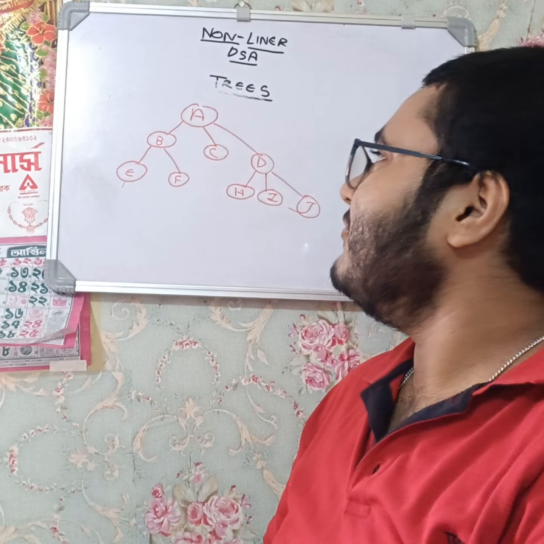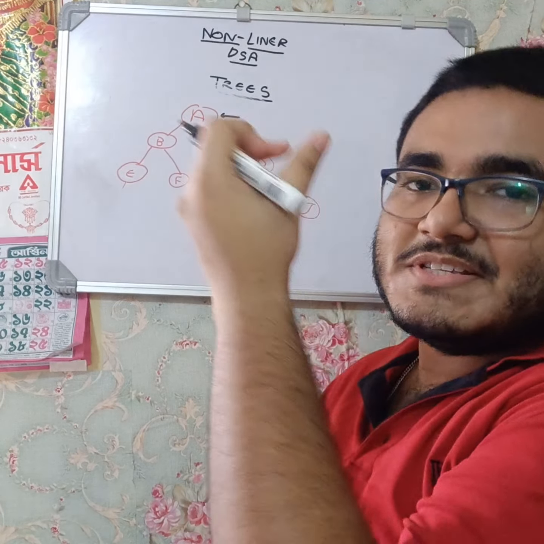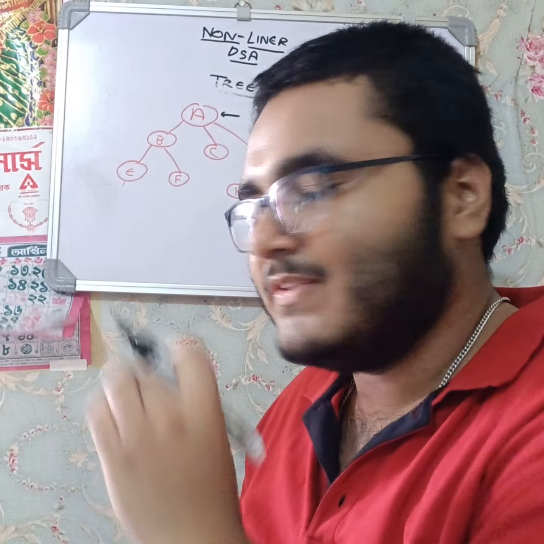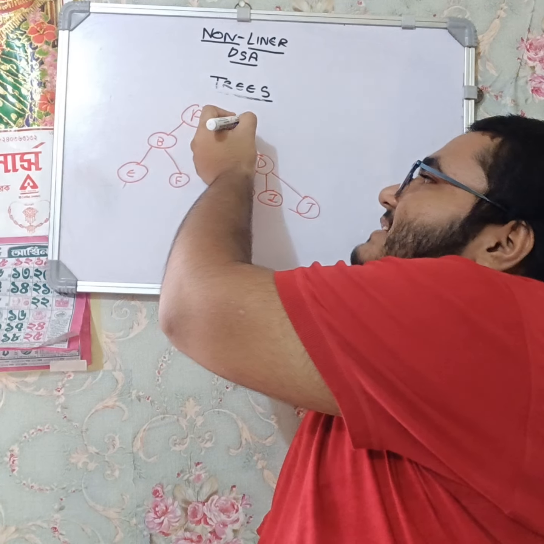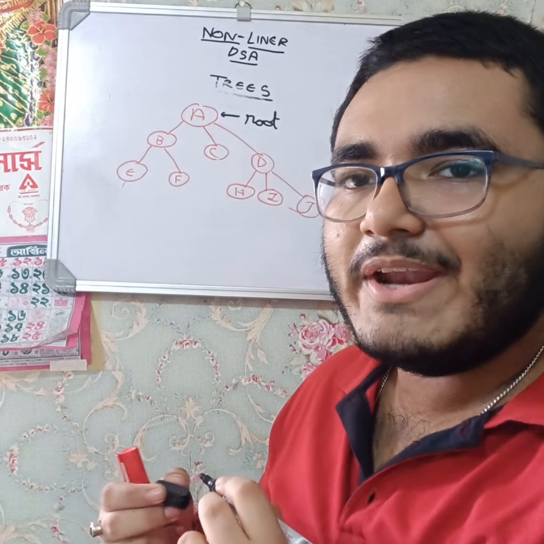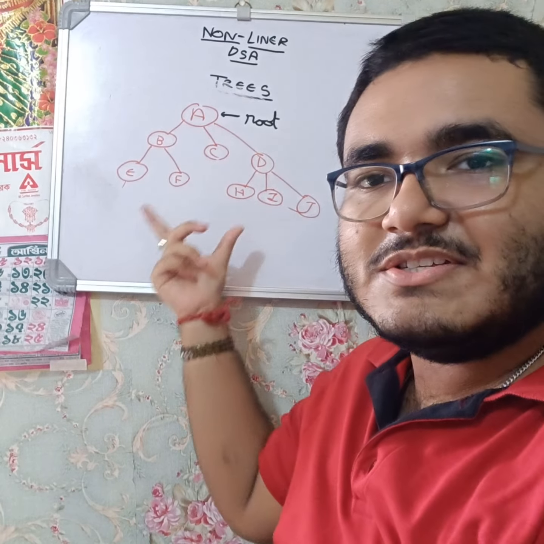So this node A, above all, from where the generation of the tree starts, is called the root node, from where the tree starts growing.